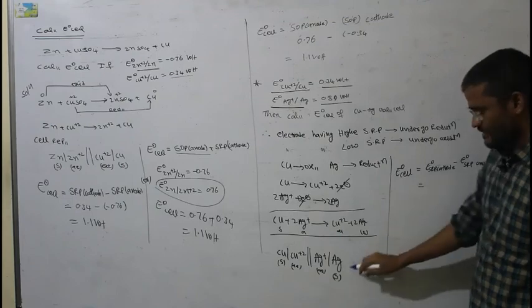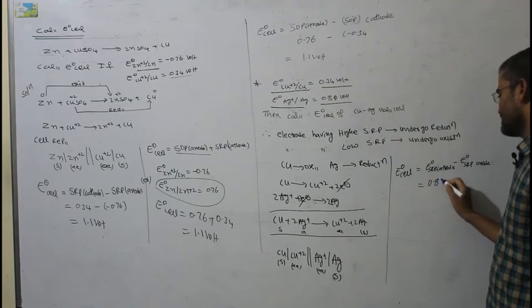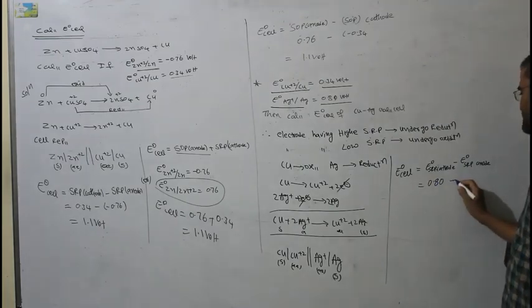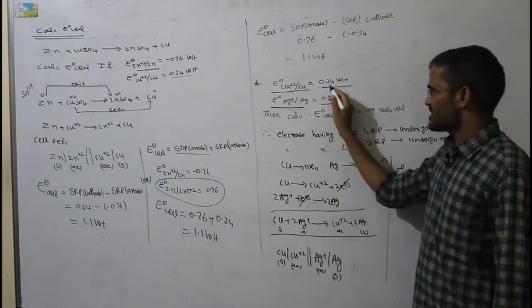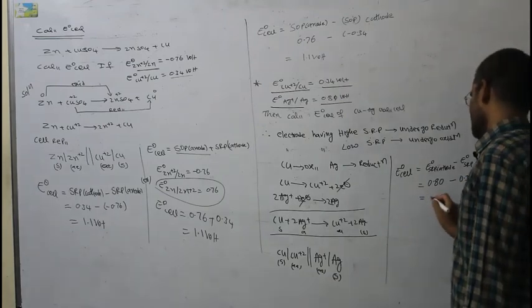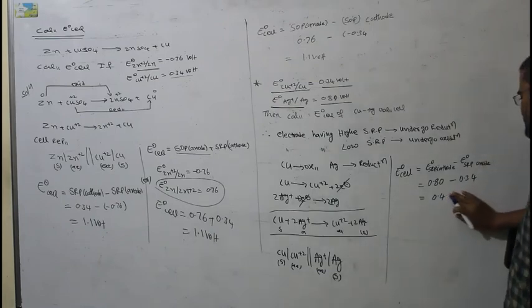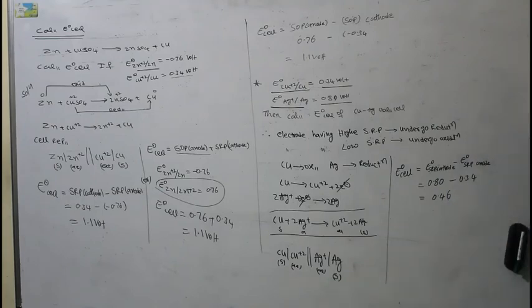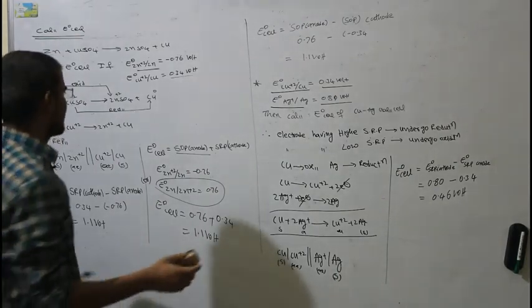The cathode here is silver metal, so the silver standard reduction potential value given is 0.80, minus the standard reduction potential of the anode. The anode is copper, so the copper reduction potential value given is 0.34. So the answer is 0.46 volt. Like this we can calculate. Okay, next one.